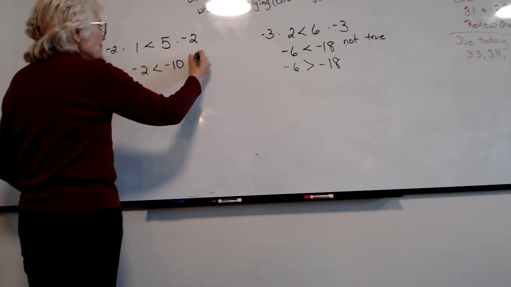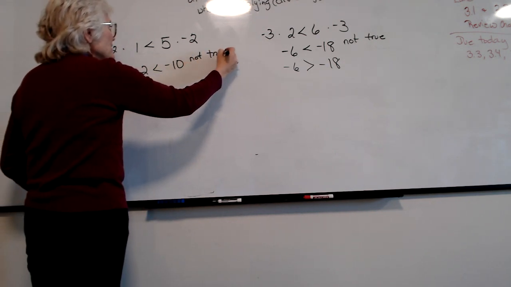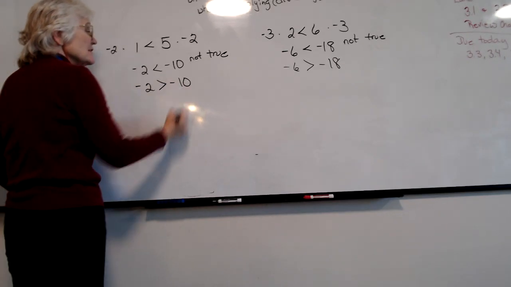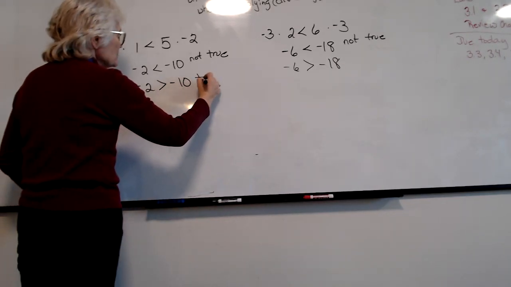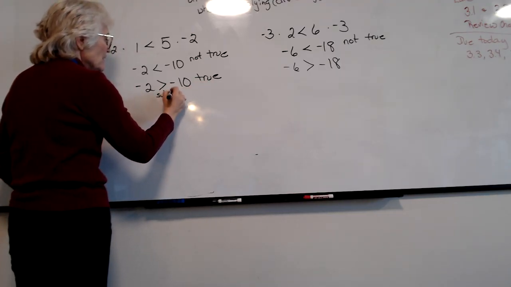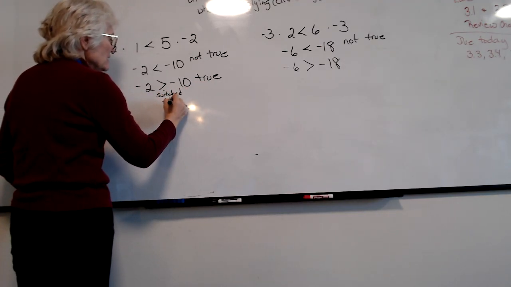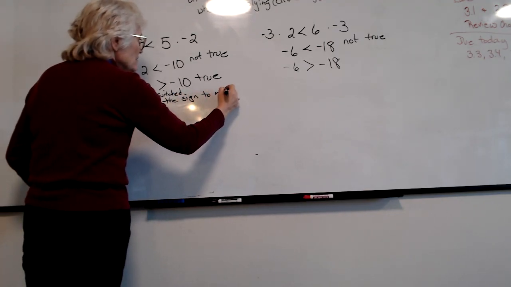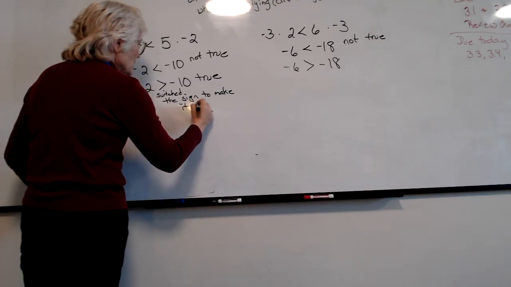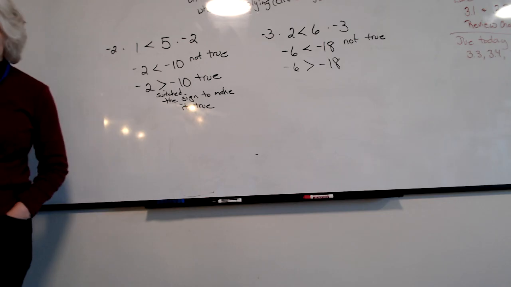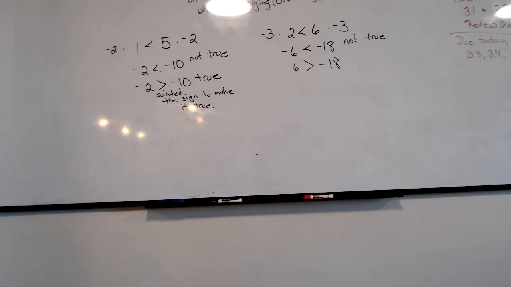Not true. Is it true if I switch the sign and make it negative 2 is greater than negative 10? That is true. So we switched the sign to make it true. So that's the thing we have to do. We have to be able to switch the sign.